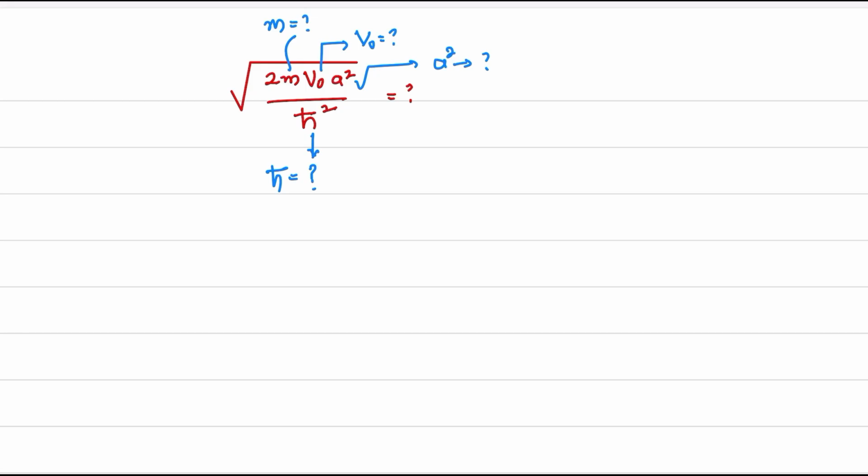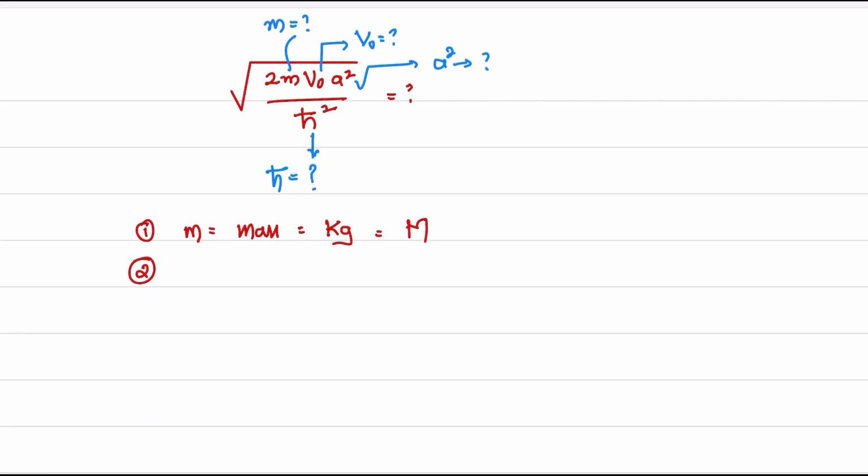Because in dimensional analysis, the numbers 2, 3, 4, pi will not be counted, because we are finding the dimensions, not quantifying any physical parameter. Now, one by one we try to analyze. First one, m, we all know it is mass. What is the dimension of mass? Kg is the unit, and the dimension is M.